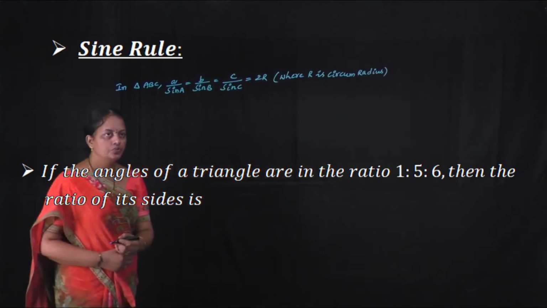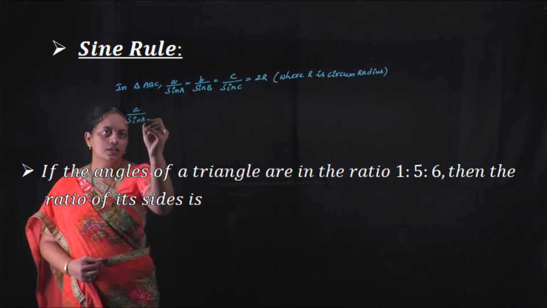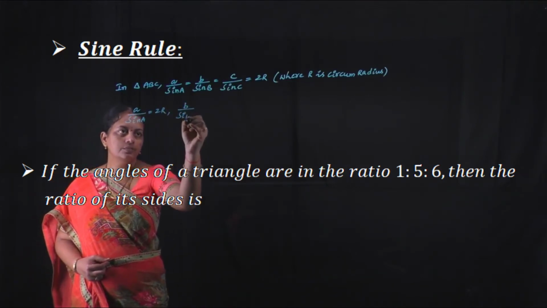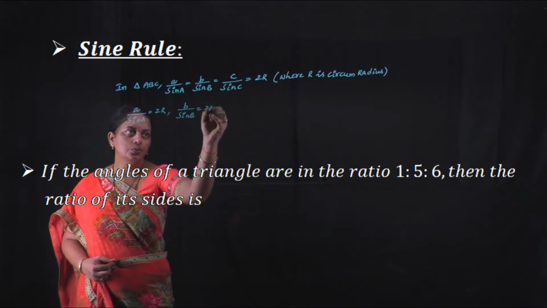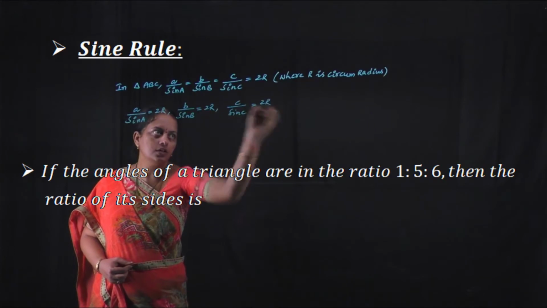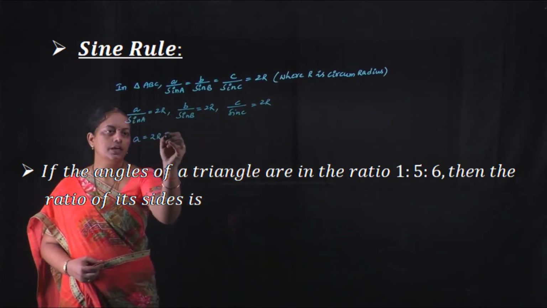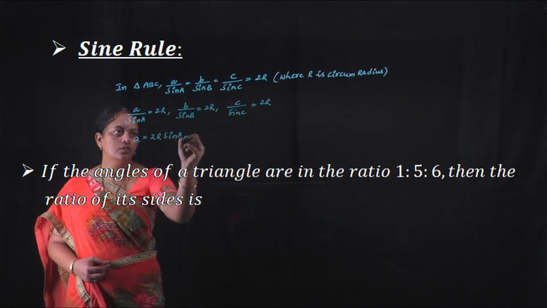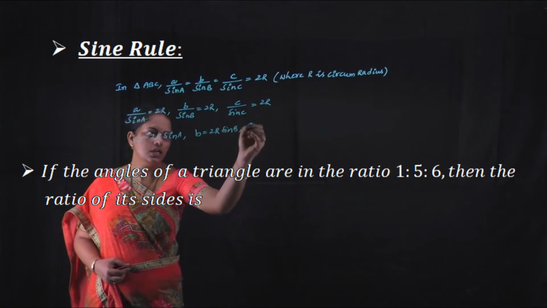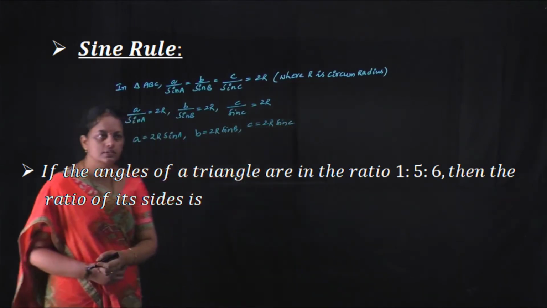From this we can write a by sine A is equal to 2R, b by sine B is equal to 2R, c by sine C is equal to 2R, and a equal to 2R sine A, b equal to 2R sine B, and c equal to 2R sine C.